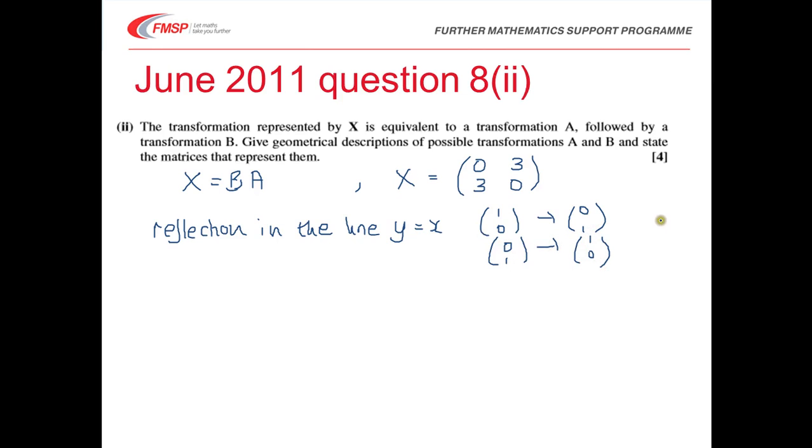So the image of that, the matrix for that, is going to be 0, 1, 1, 0. So that matrix is going to be the first one that we did, so we'll call that A.